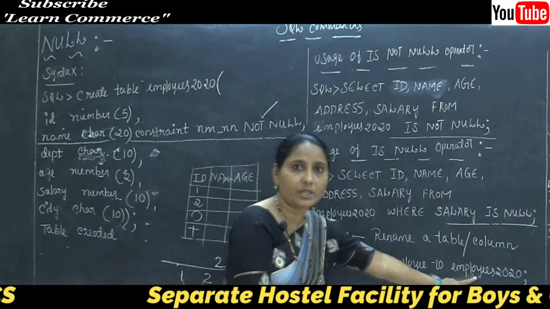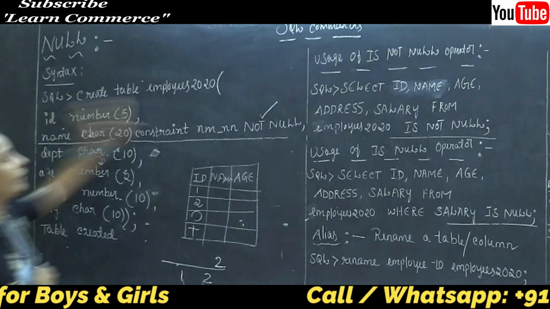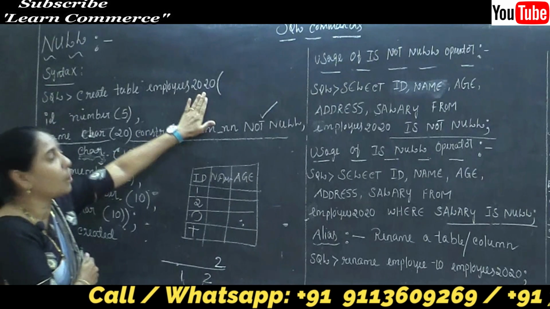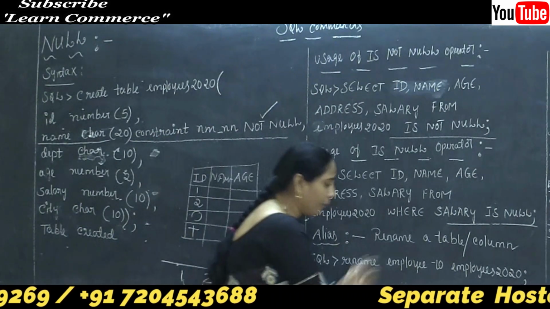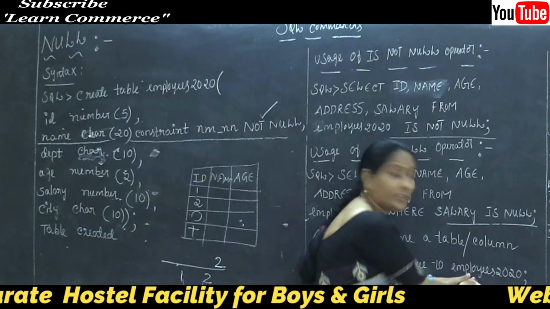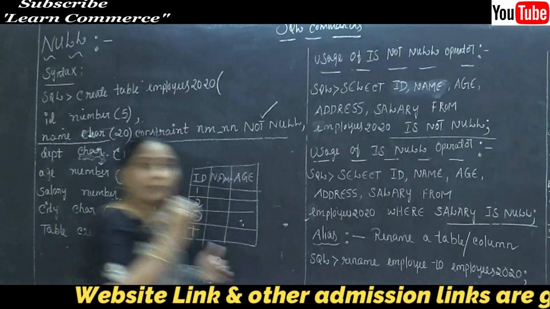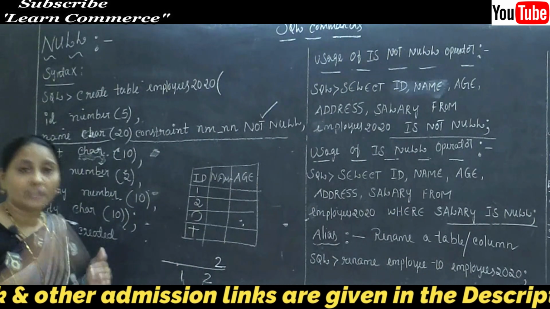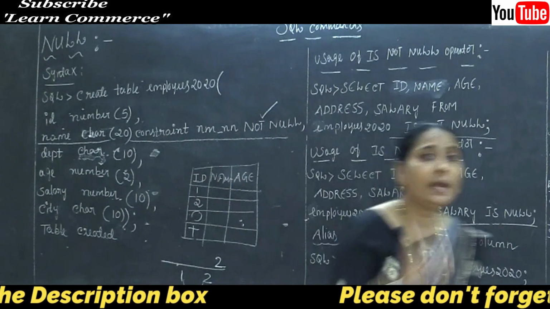If you already created the table with the name employees 2020, at that time we use rename employees 2020 to employees 2021. That means whichever name we created the table with, we just rename that table.